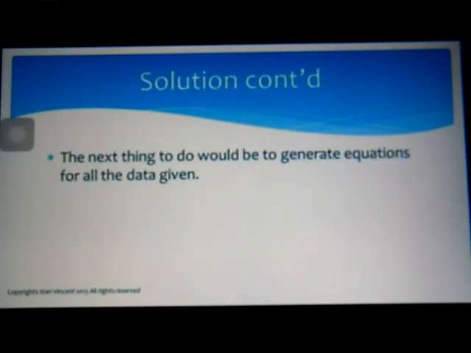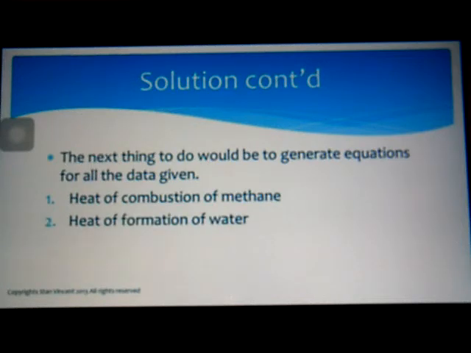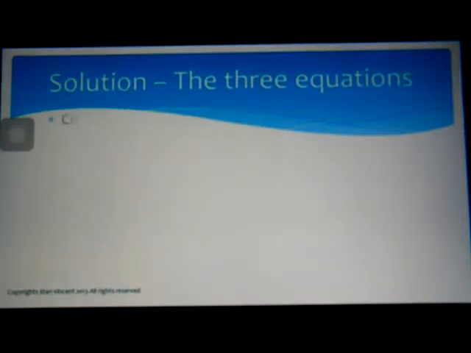The first thing to do would be to generate equations for all the given data. 3 separate sets of data are provided to us. One is heat of combustion, second is heat of formation of water, third is heat of formation of carbon dioxide. Now we are going to change those statements into equations.